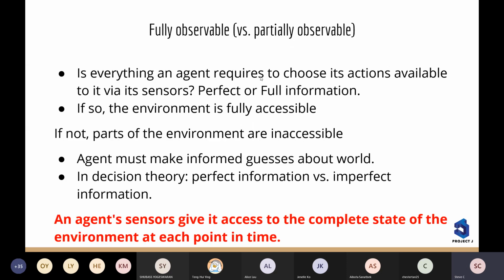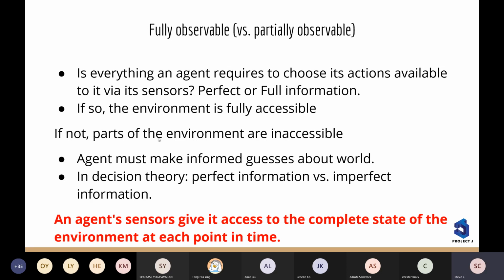Now, is everything an agent requires to choose its actions available to it via its sensors? In other words, is the information perfect or full? If it is so, the environment is fully accessible, or you could call it fully observable.